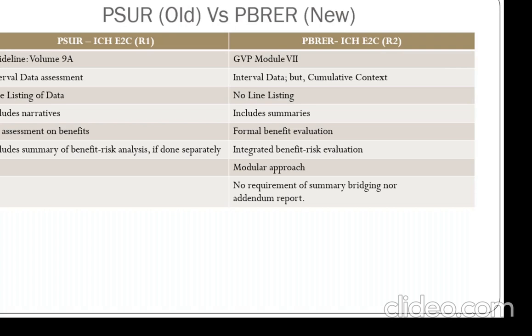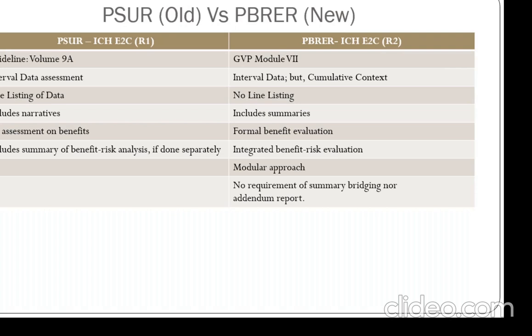The two additional points for PBRER is the modular approach, which we talked about earlier on, and of course there are no requirements when it comes to summary bridging or the addendum reports. So this summary bridging or the addendum reports are mainly for the licensing renewal or new country registration, or a new indication registration in the existing country.